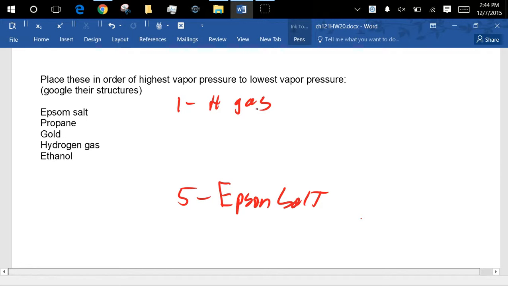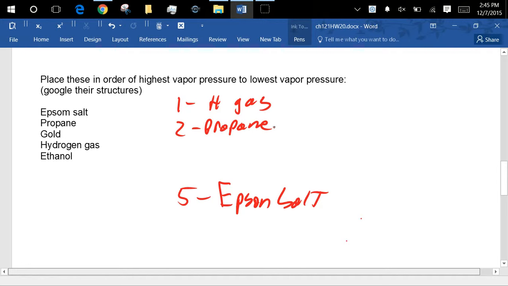Propane's a gas as well. So are they tied? Nope. Oh, because it's nonpolar. Yeah, it's the first one on the list. The dispersion force. Yes. So we'll say that the propane is number 2 on this list for vapor pressure, second highest.